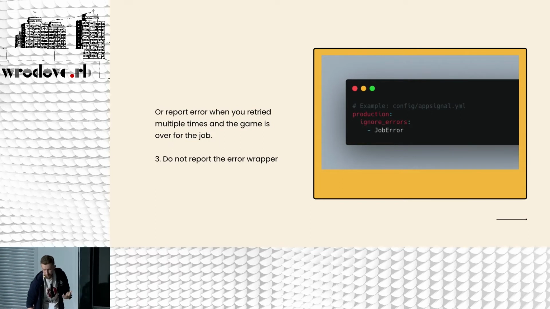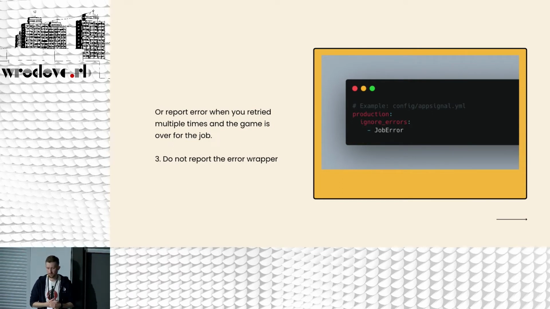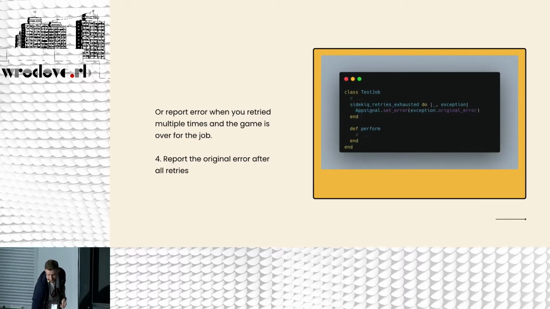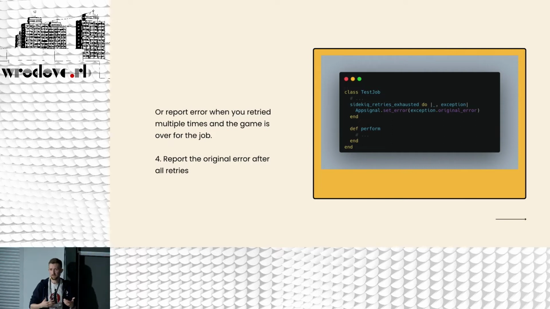Then we ignore our wrapper, of course. We are retrying, so we don't want to log it into the monitoring service yet, as this is not a final error. And the last step is that we can implement Sidekiq retries exhausted. This is a hook that is called when all retries are used, so we can report the final error, and we don't waste our API calls. We don't waste simply money.